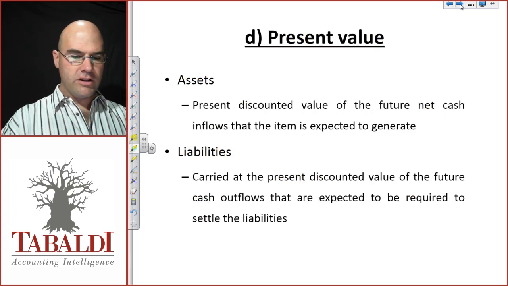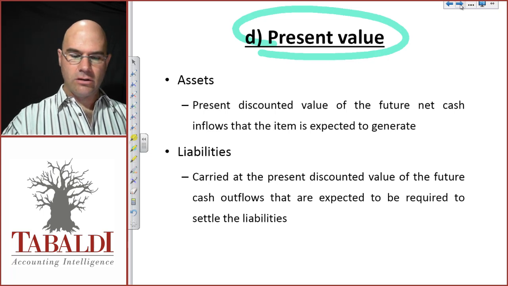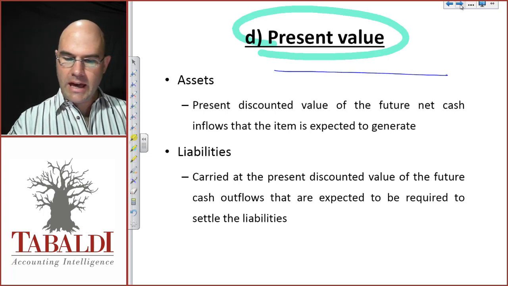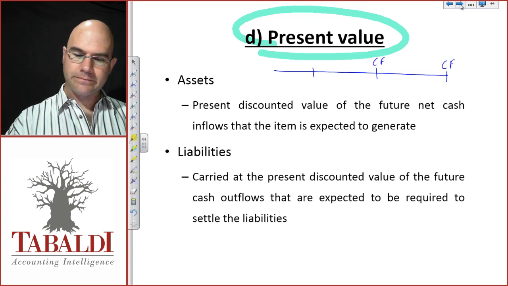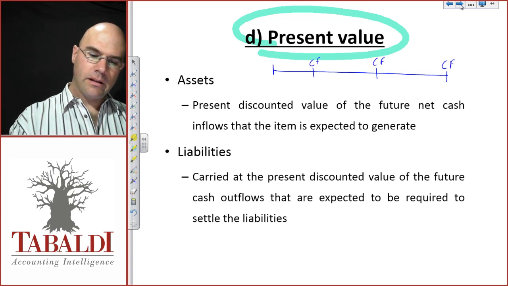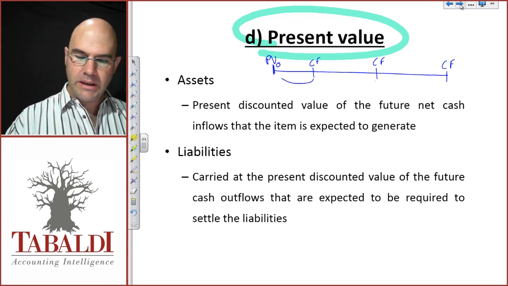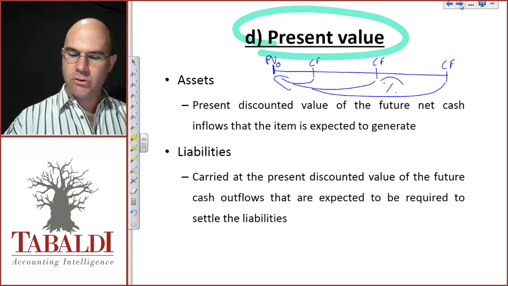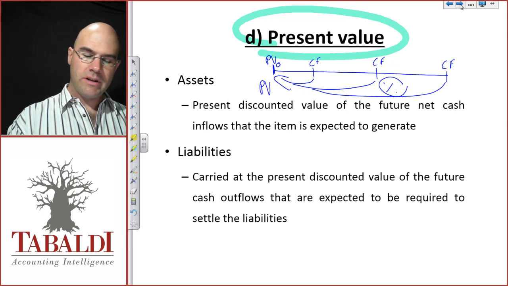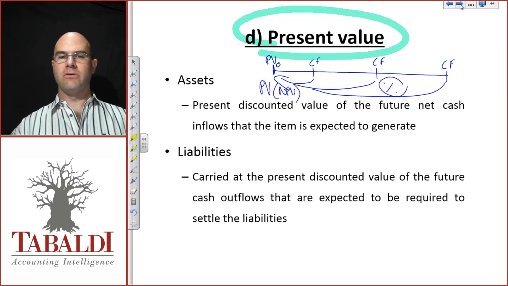The last one that they note specifically is present values. Here, for assets and liabilities, you're looking at cash flows on a timeline and a present value, a point in time today. Well, all those future cash flows need to be present valued at a discount rate to give me the present value, or what we often call the net present value of those future cash flows.